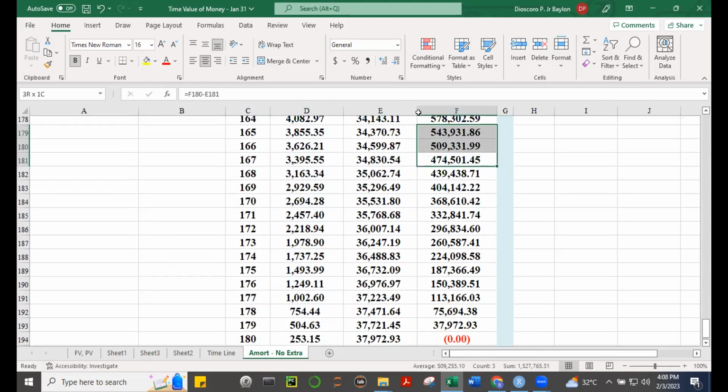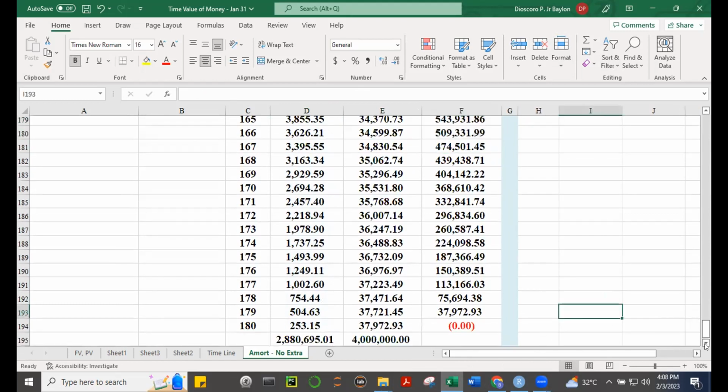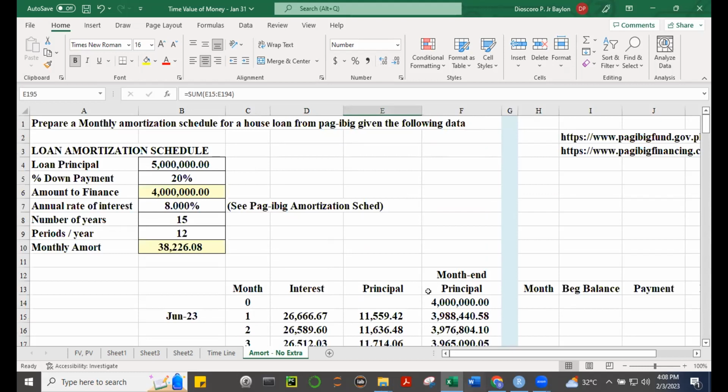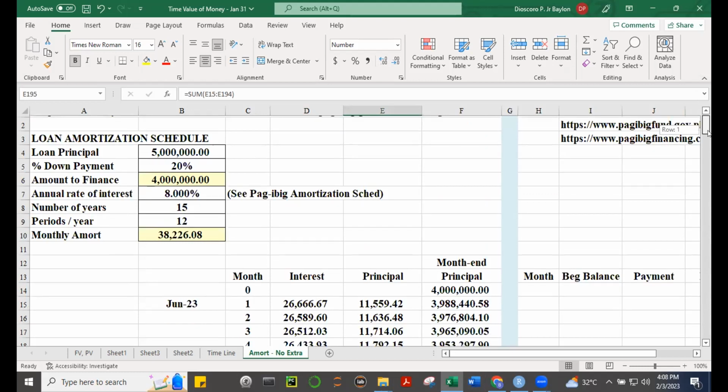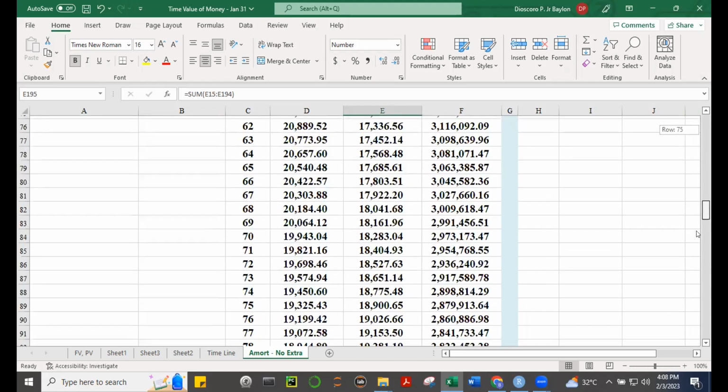And of course, you know that the total principal to be paid is the amount that was borrowed, 4 million. Total interest is 2.88 million. So very big, no? Total principal is 4 million. Okay, you don't need to add this principal. No point in adding that. All right. Okay, questions?